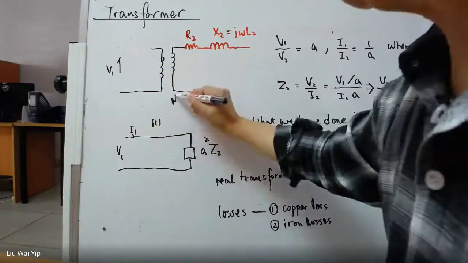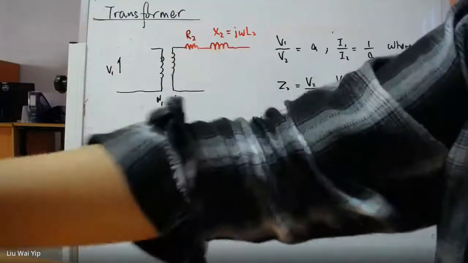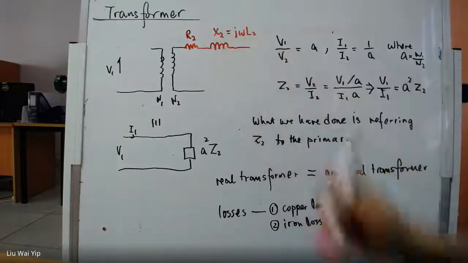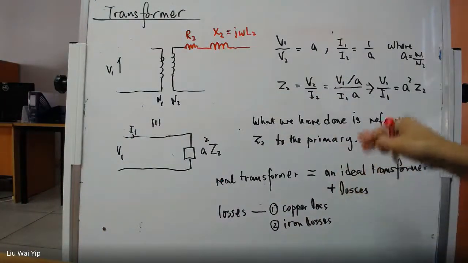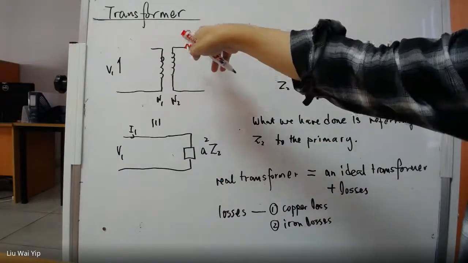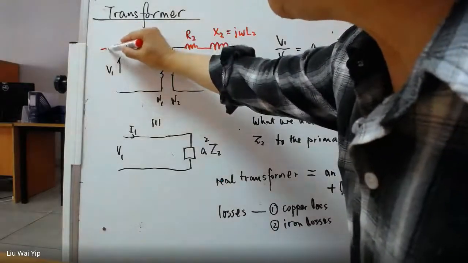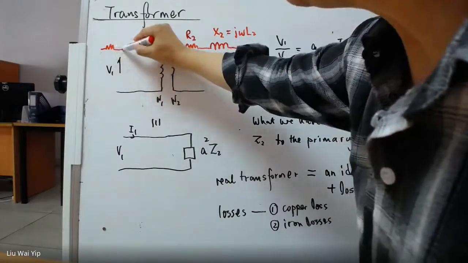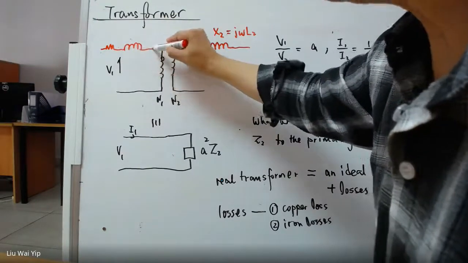So if we can model the secondary winding with R2 and X2, we can easily do the same for the primary.